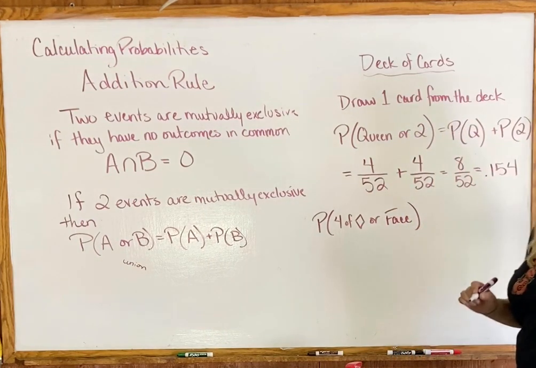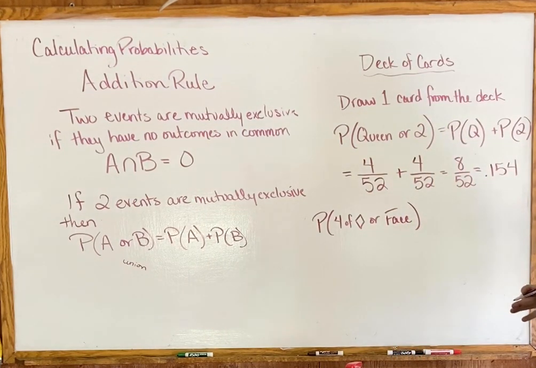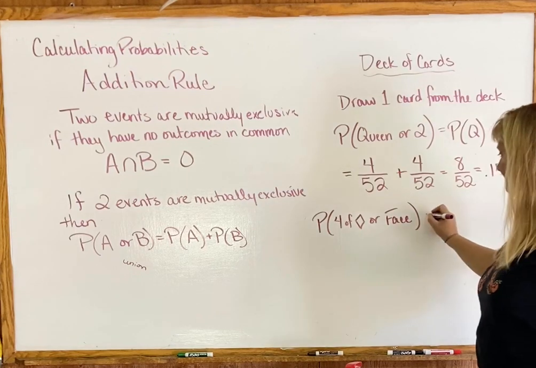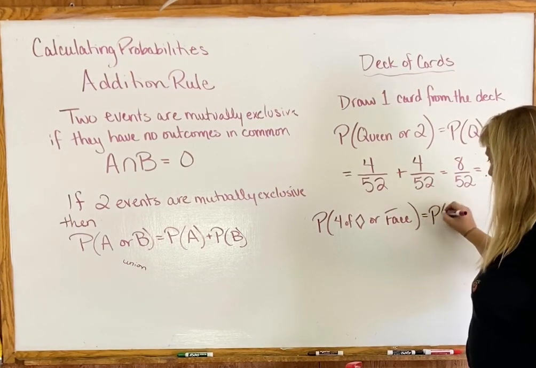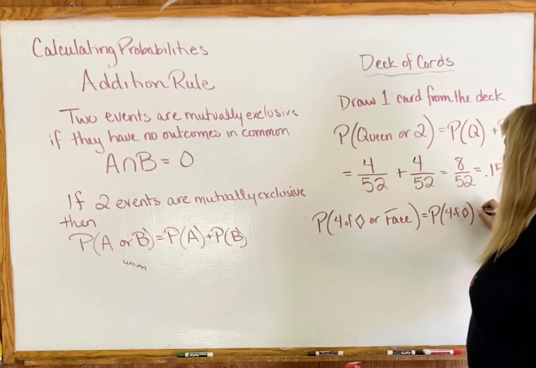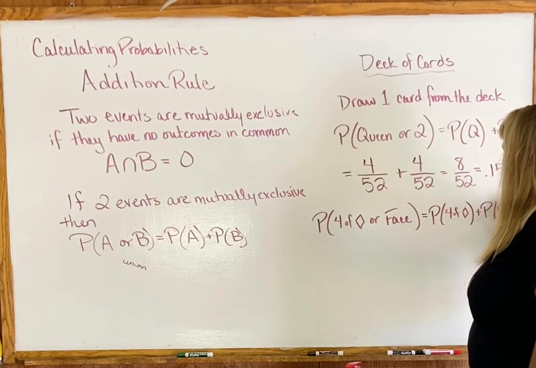Okay, so in this case, whatever game we're playing, we want the 4 of diamonds or a face card. Now, does the 4 of diamonds have a face on it? It doesn't, does it? So these are mutually exclusive, which means that we can simply find the probability of the 4 of diamonds, and we can add that to the probability of getting a face card.